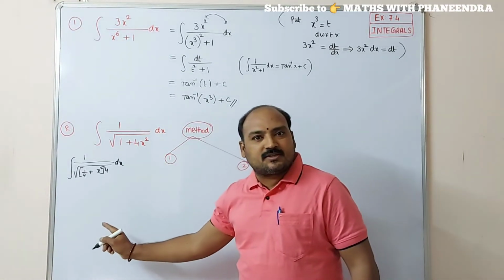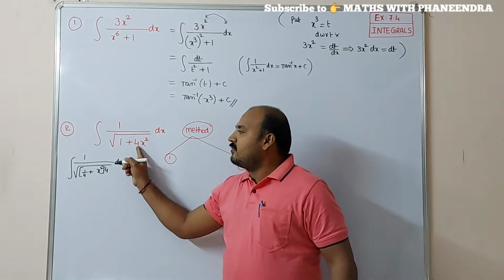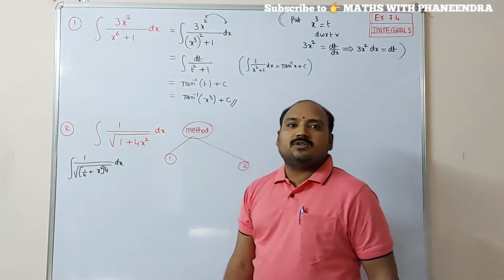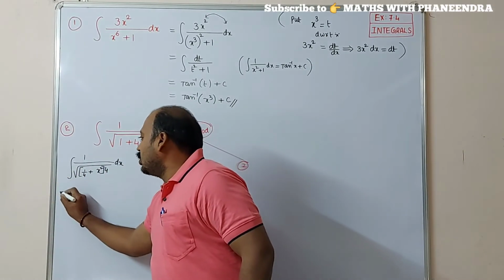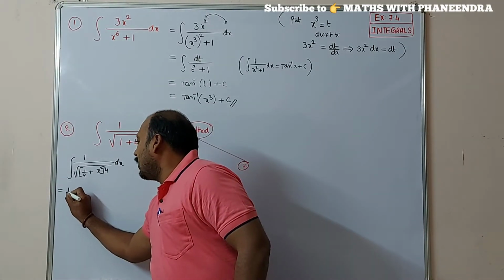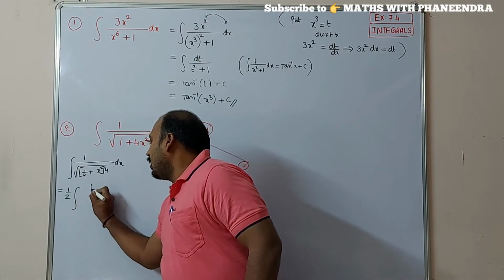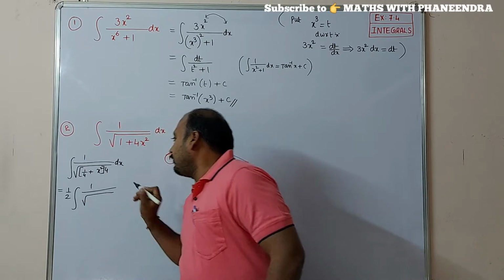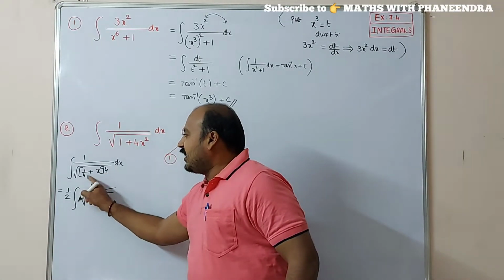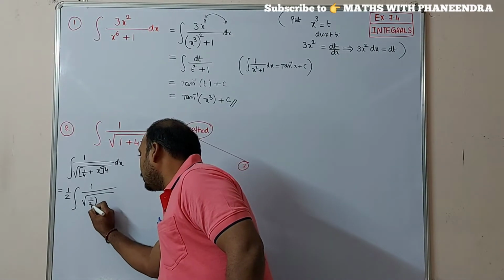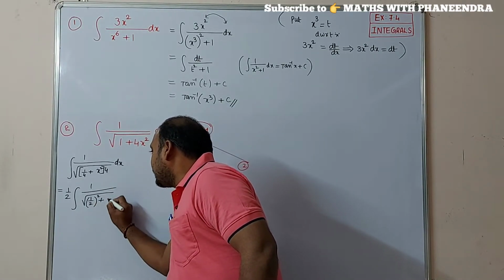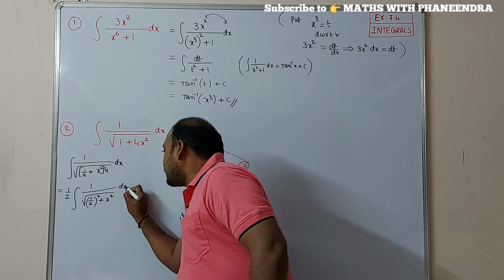Everyone, did you understand this? I am taking 4 common from the square root in the denominator. So 4 we are taking outside of the root, it will become 2. So 1 by 2, integral 1 by square root of 1 by 4, which can be written as 1 by 2 whole square, plus x square into dx.